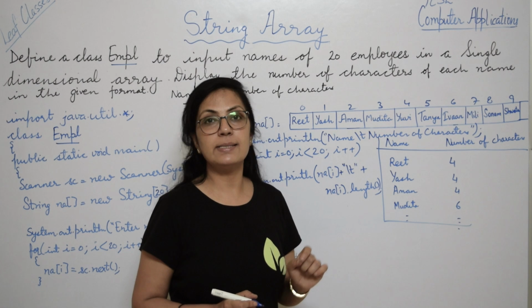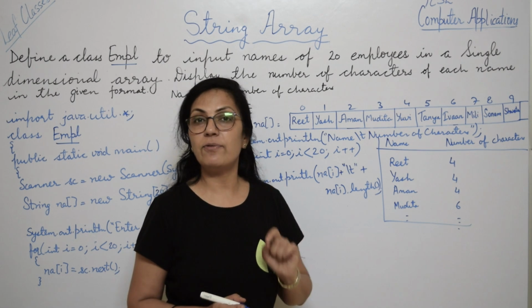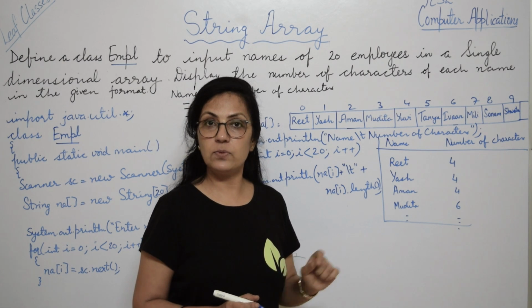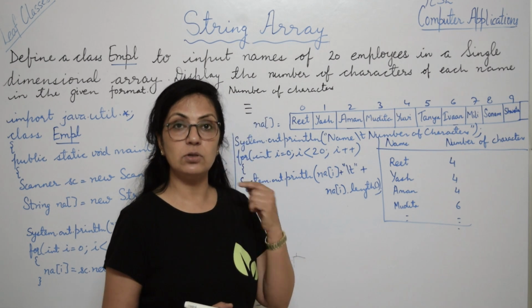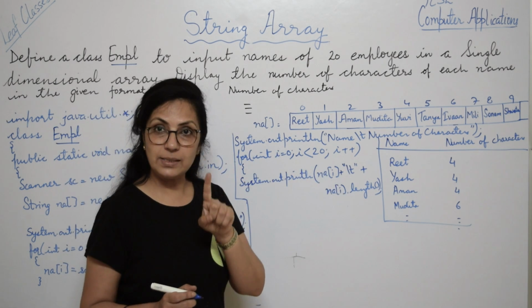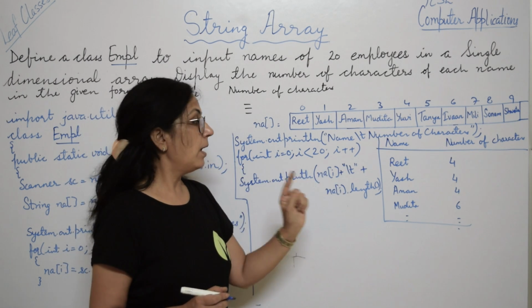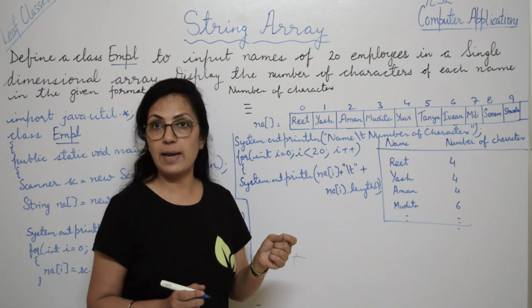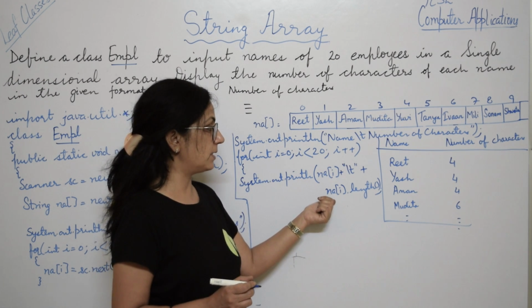Children, for strings and string arrays, string functions are very important. I will give the link of those videos in today's end screen. Please go through that, right? So, NA[i], this is one string, one name, dot length. Length is the function which finds the number of characters present in the specified string.